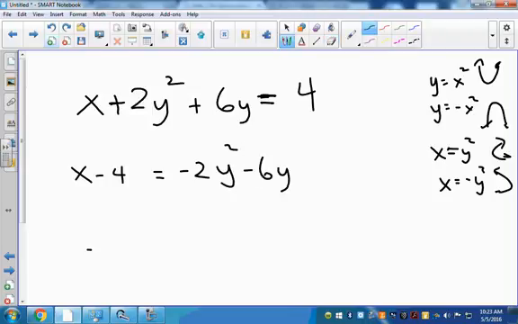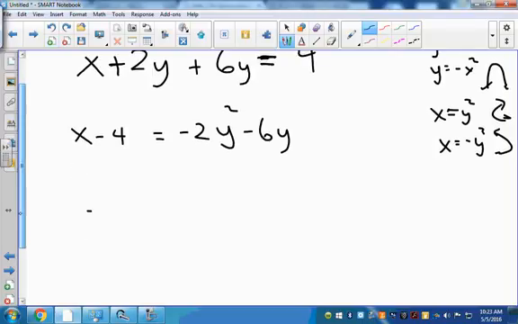Okay, now what I'm aiming for, remember, is x minus h equals 1 over 4p times y minus k squared. So obviously I have to complete the square again, but just like the warm-up problem, I really don't want a negative 2 there. I want a 1. Just like the warm-up problem, we had a 16 there. I didn't want the 16, I wanted a 1.